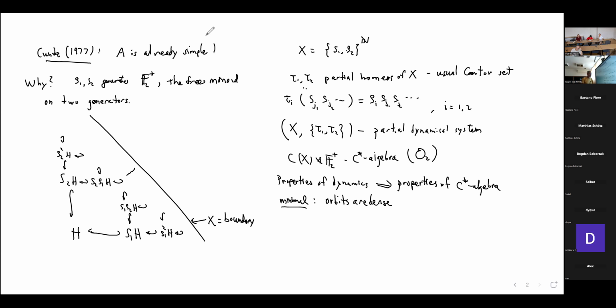We also have something called topologically free, and that means that the aperiodic points are dense.